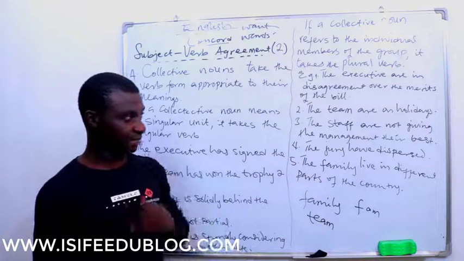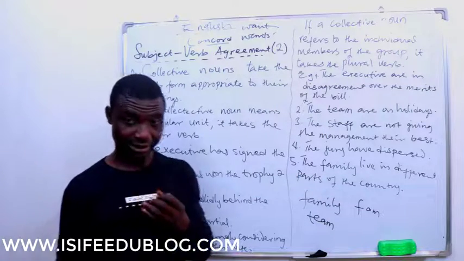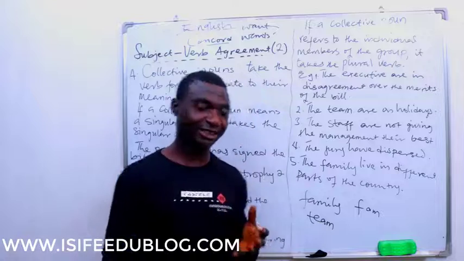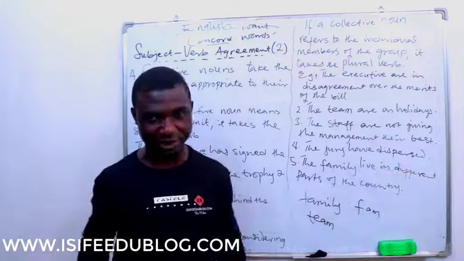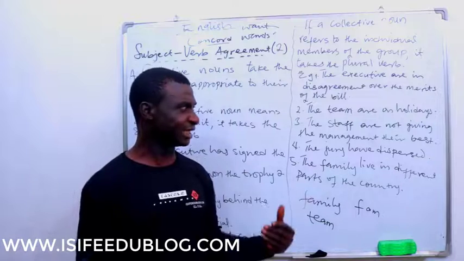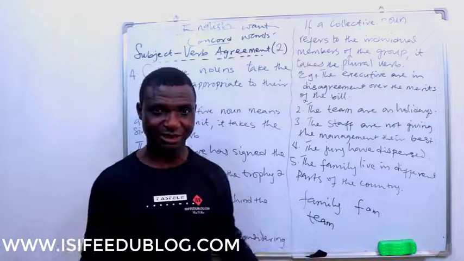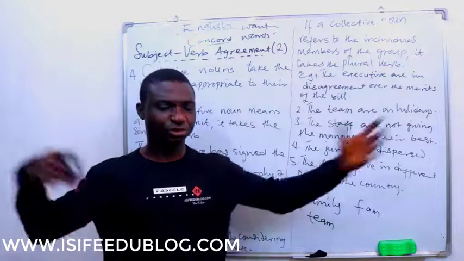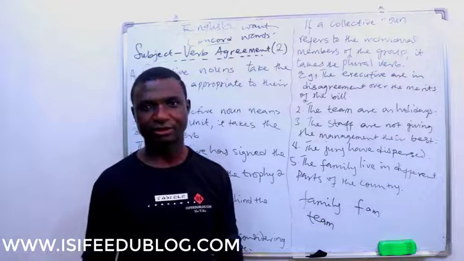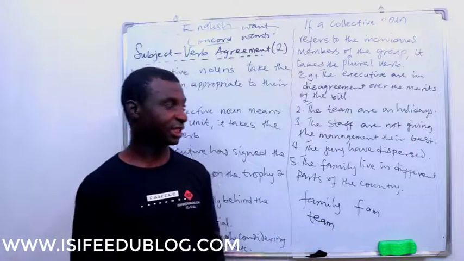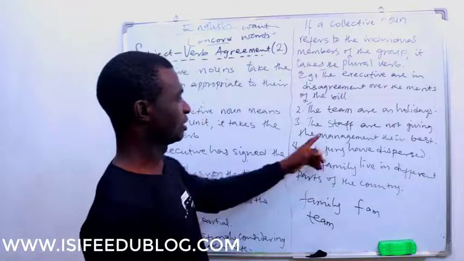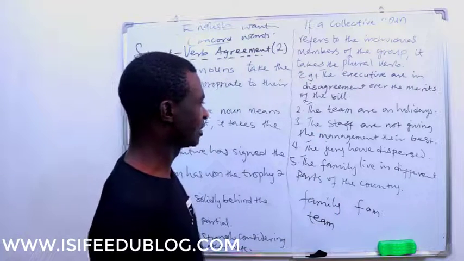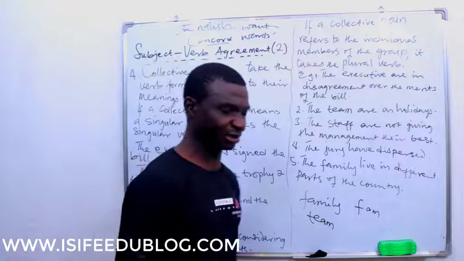The team are on holidays. This means that individual members are taking their breaks. Yes, the team as a unit has declared these holidays, then each individual travels to God knows where to enjoy their holidays. So the team are on holidays. The staff are not giving the management their best.